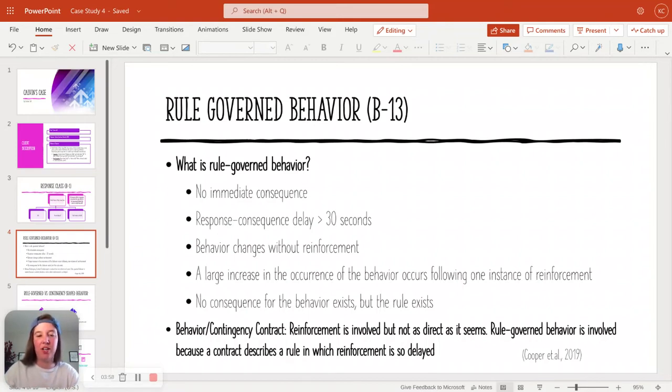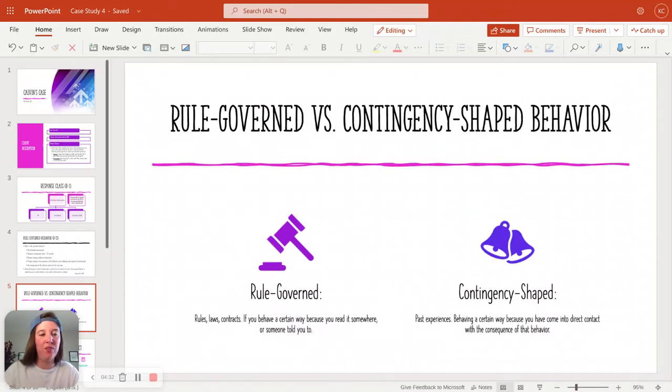Rule-governed behavior is involved in contingency contracts because a contract does describe a rule, and immediately after that contract is put in place, the client has not necessarily ever had an immediate consequence for doing the behaviors in it, but they're motivated to do those behaviors because of something they think might happen. The contract says, you can go to this baseball game if you go 5 days without yelling, things of that nature. That's why it falls under rule-governed behavior.